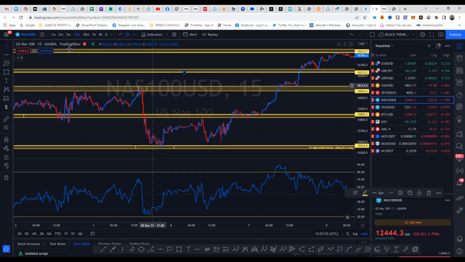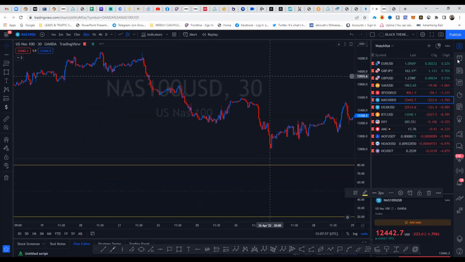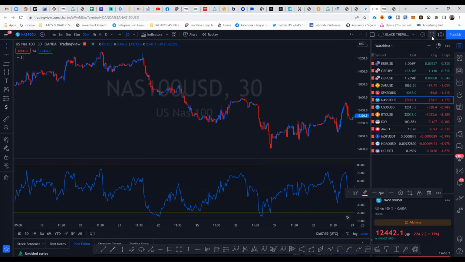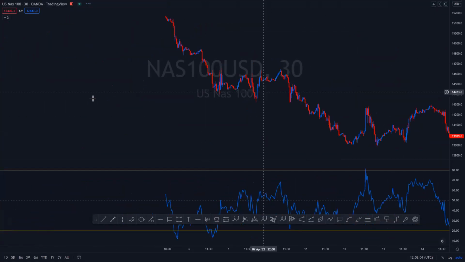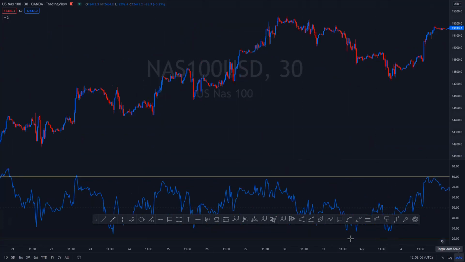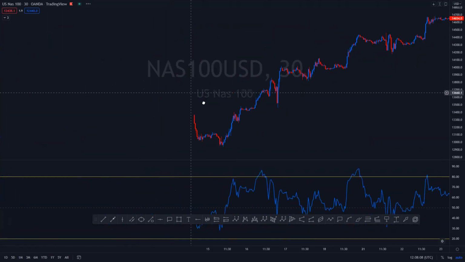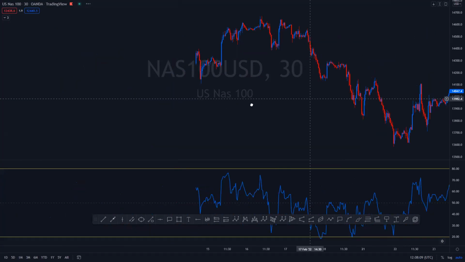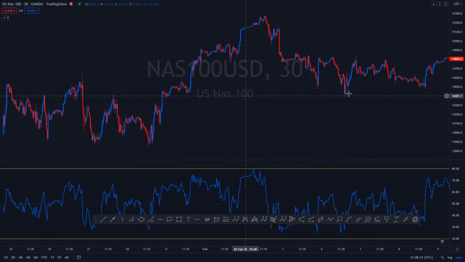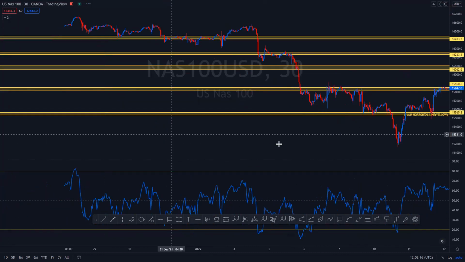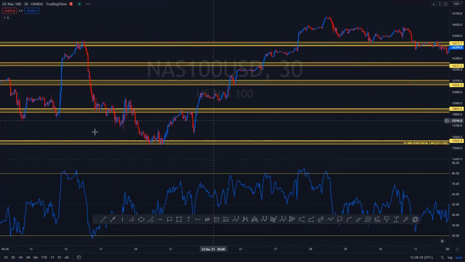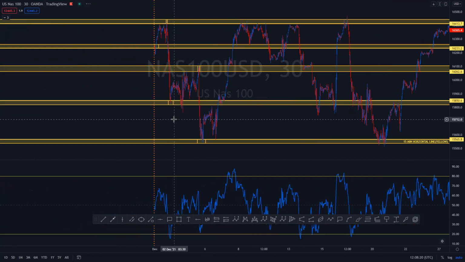Okay, so now we're going to move on to the 30-minute time frame. When I move to the 30-minute time frame, I go exactly where I left off as far as marking up my charts, and then keep on going. So this is what we marked up from the 15-minute.